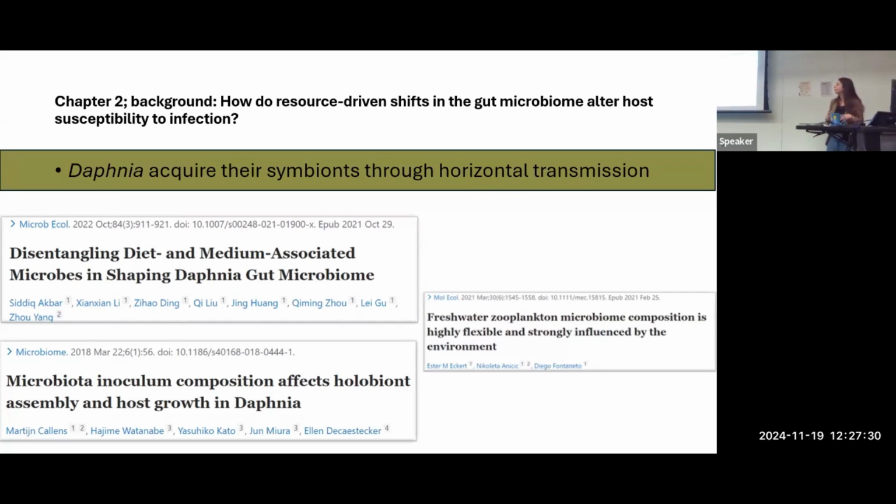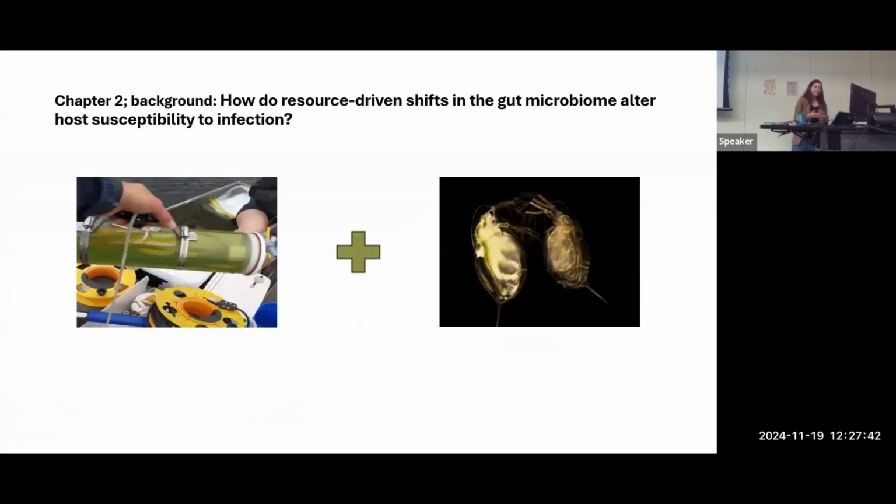However, it remains unclear whether host-associated microbial communities indirectly influence outcomes of infection that follow cyanobacteria blooms. So I'm going to combine these two stressors, my cyanobacteria and Metschnikowia infection, to investigate whether shifts in resource type alter host parasite interactions through microbial turnover in the gut community.